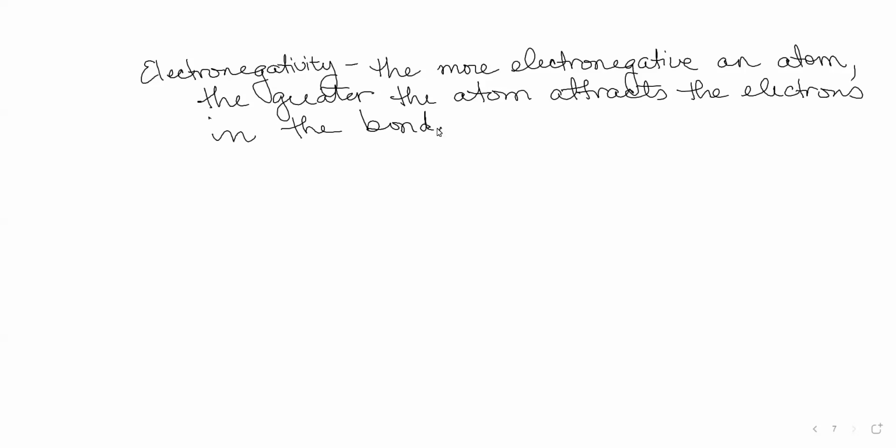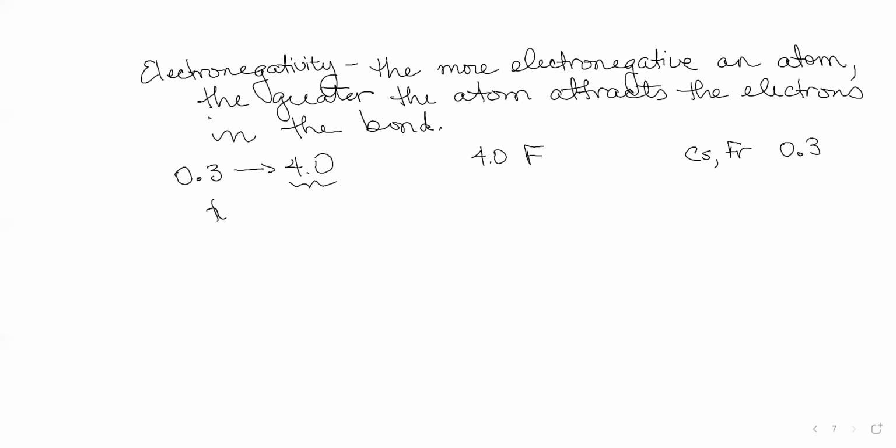Electronegativity is a relative scale, so we usually use the Pauling scale. It generally goes from about 0.3 to 4.0, 4.0 being the greatest. Fluorine has an electronegativity value of 4. When you look at something like cesium or francium, those have values of about 0.1.